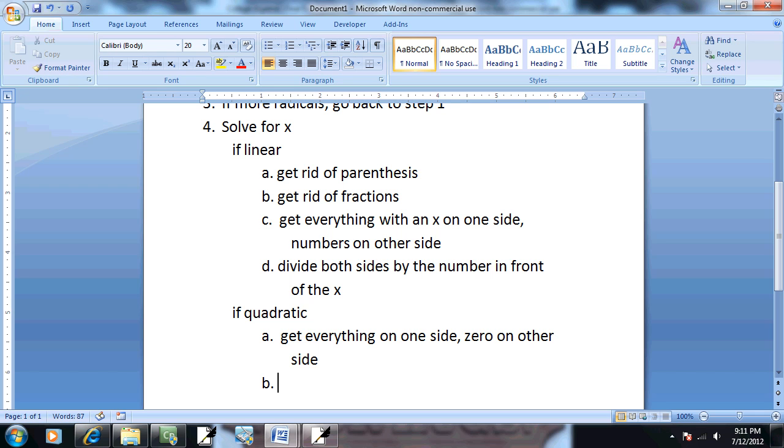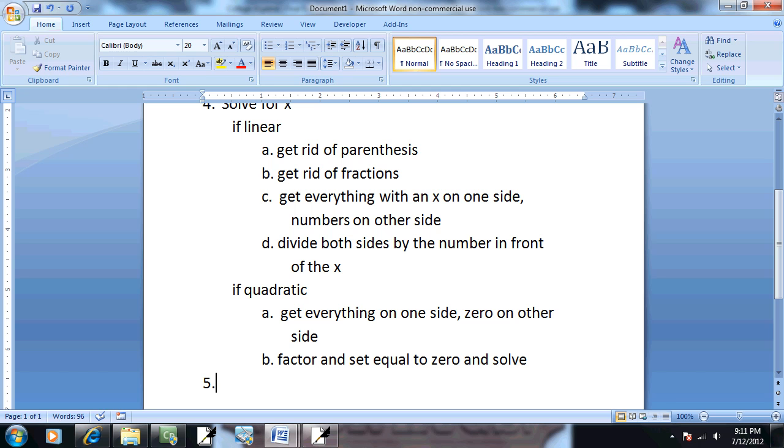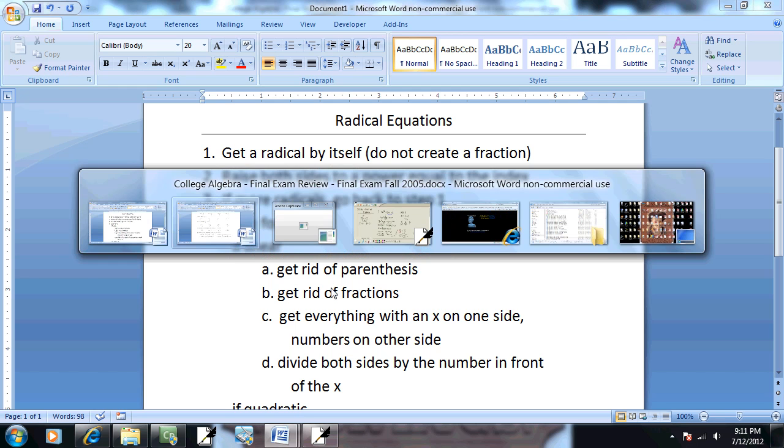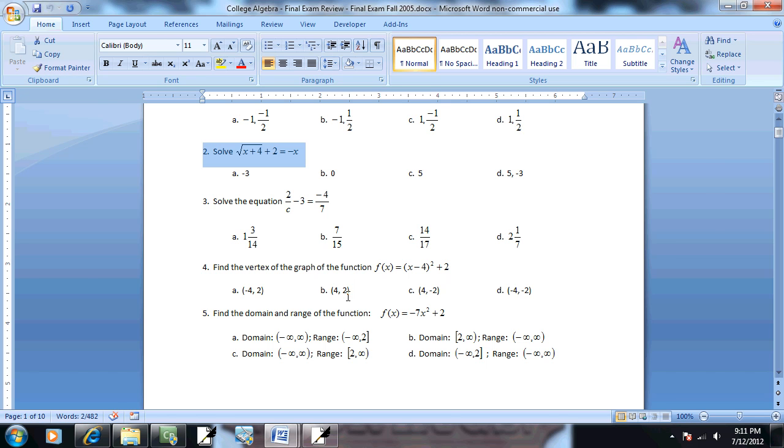And usually, there's not many quadratic formula problems I've seen, but you'll factor and set each factor equal to 0 and solve. And then last step, check your answers. What you'll find is this process will work, but sometimes it'll give you answers that aren't right. It'll give you the right ones, so that's the plus part of it. But let's take a look at this one.